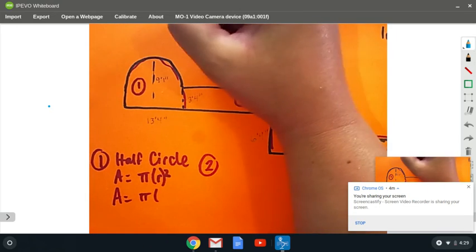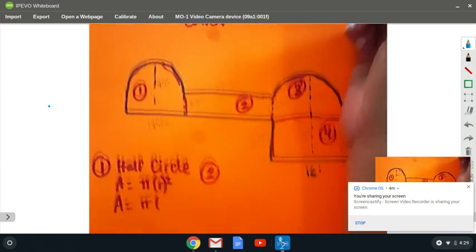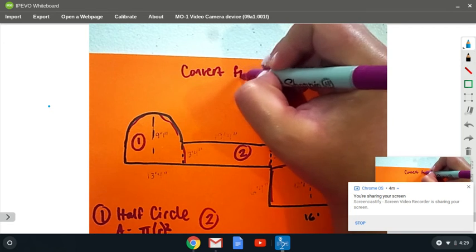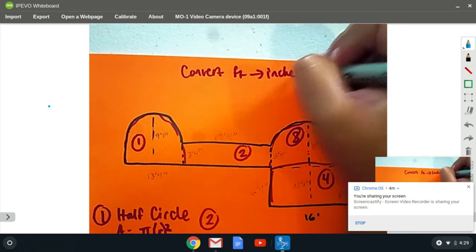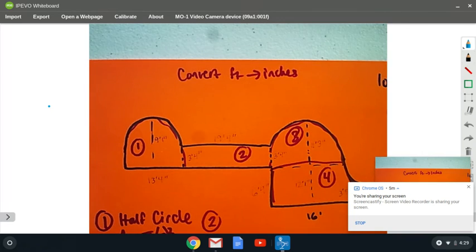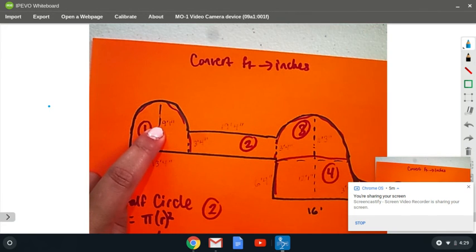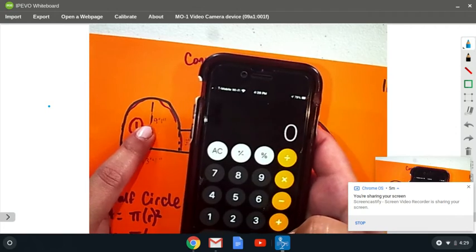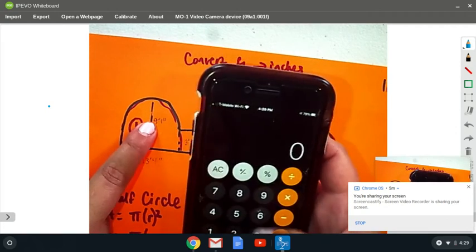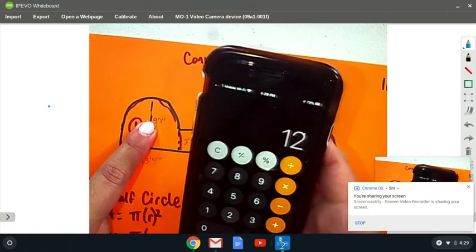So first I'm going to convert feet to inches. Remember, there are 12 inches in a foot. So all I'm going to do here is use my phone calculator because that's what's near me right now. I got my phone calculator out. There's 9 feet, so I'm just going to do 9 times 12.